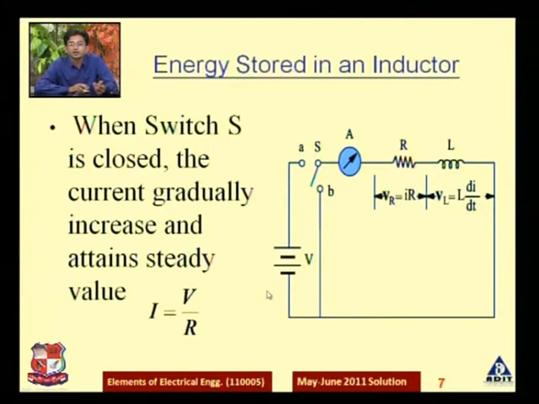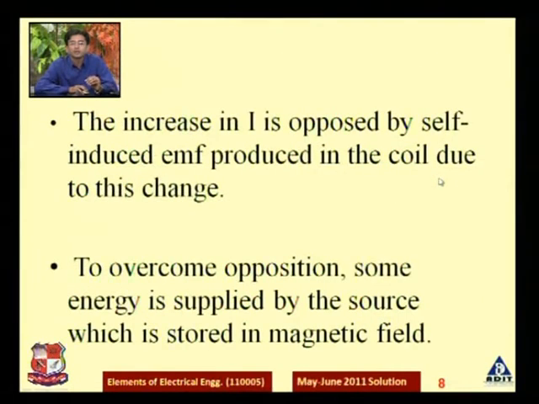In the practical case, the ammeter will give you how much current is flowing. In the theoretical analysis, we can find the current by knowing the battery voltage and the resistance value, initially thinking that there is no inductor in the circuit. The increase in the current will be opposed by the self-induced EMF produced in the coil due to this change.